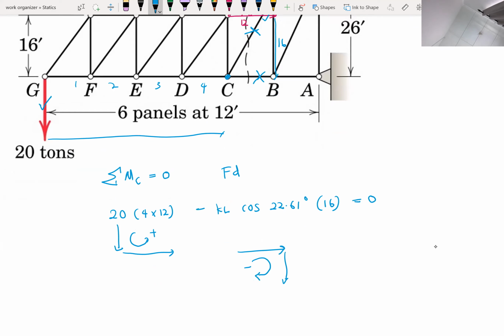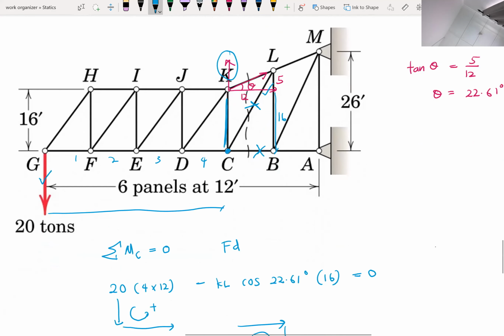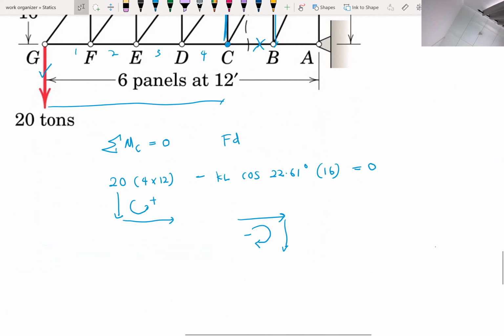We don't calculate this one because it is in the same direction as C, so there's no need. So calculate: 960 minus 14.77 KL equal to 0.